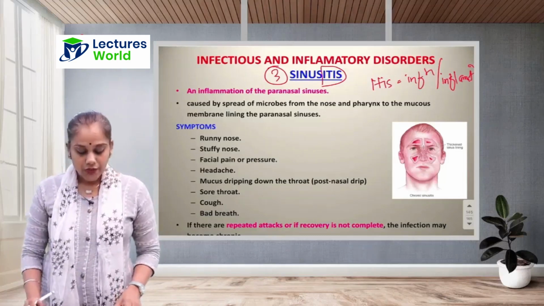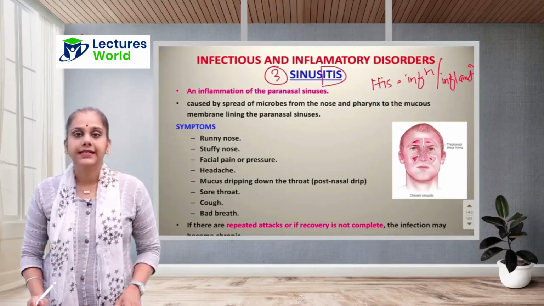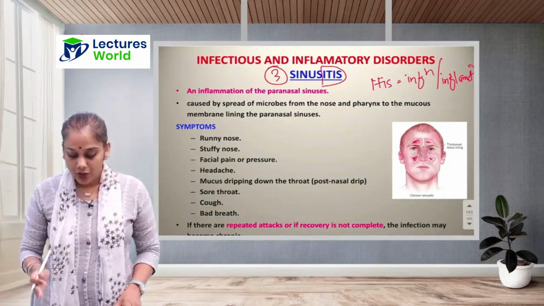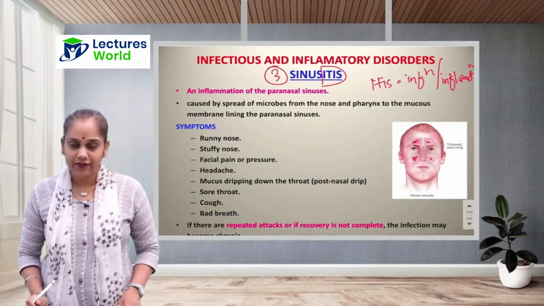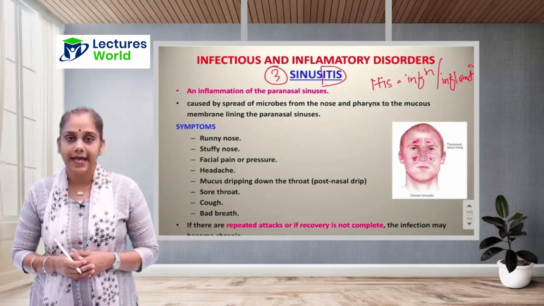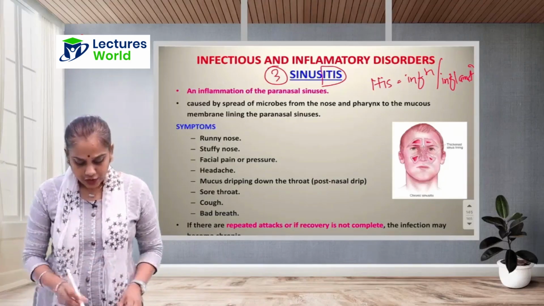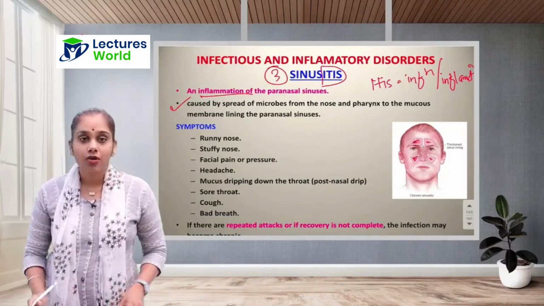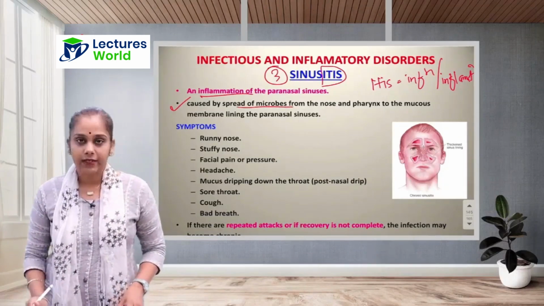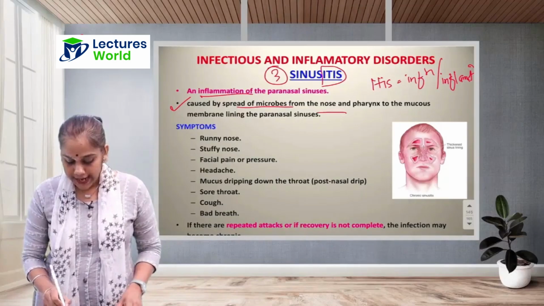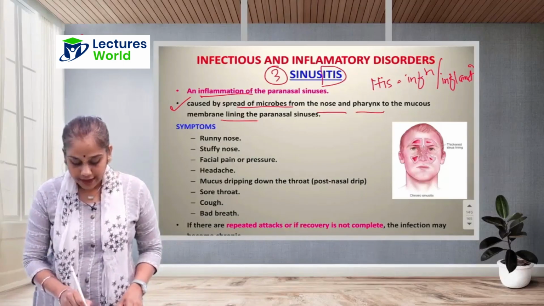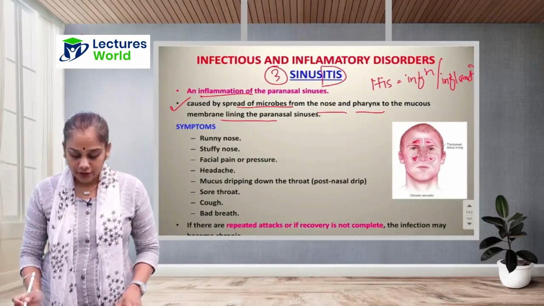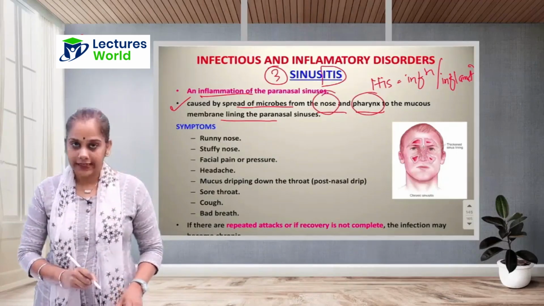So sinusitis is an infection or inflammation of the paranasal sinus. It is caused by the spread of microorganisms from the nose and the pharynx to the mucous membrane lining the paranasal sinus.